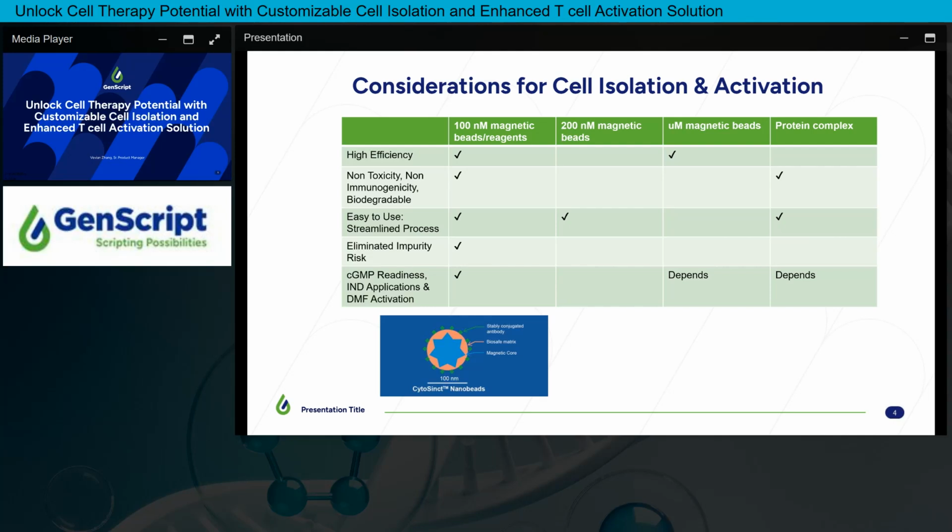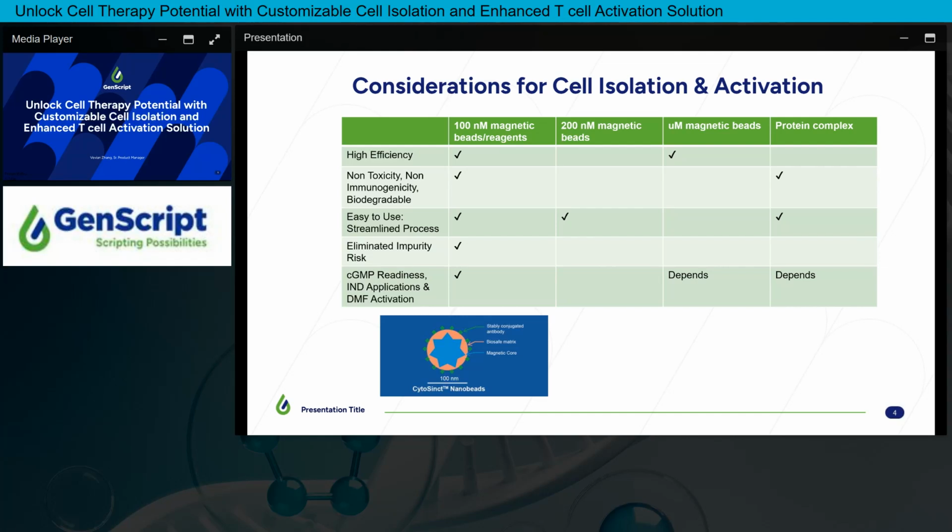And this biodegradability feature can further help your downstream process and make the product easy to use and streamline your process well, and also can help to eliminate any impurity risk.